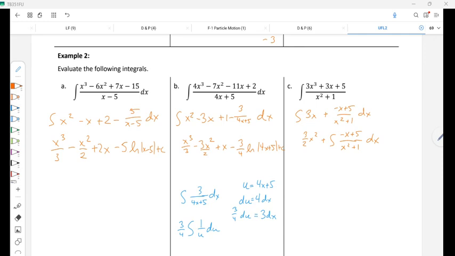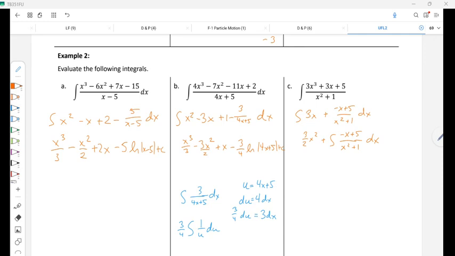Can I do u sub to do this integral? Because that's usually your first thought. You would never just use x because you're not changing anything when you use x. You're just changing the letter. Well, I would think the only thing I would use here would be x squared plus 1.